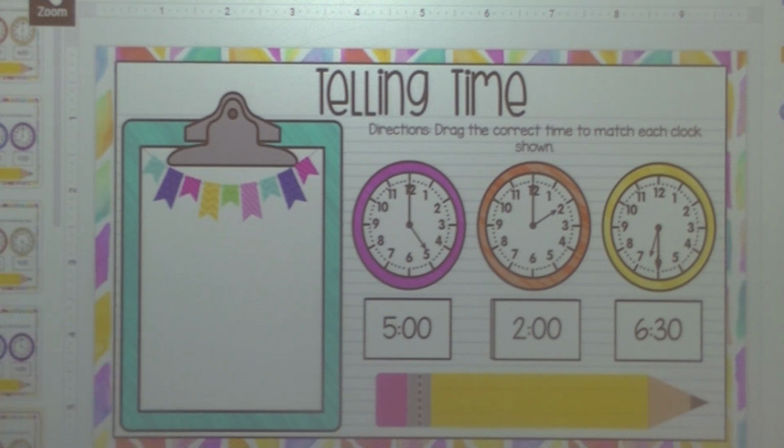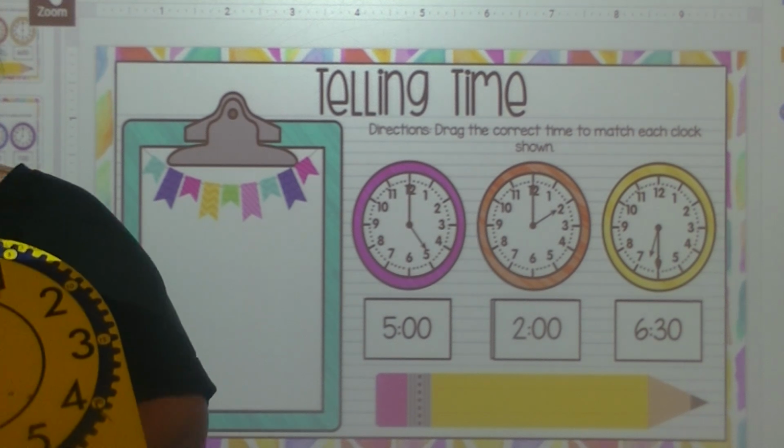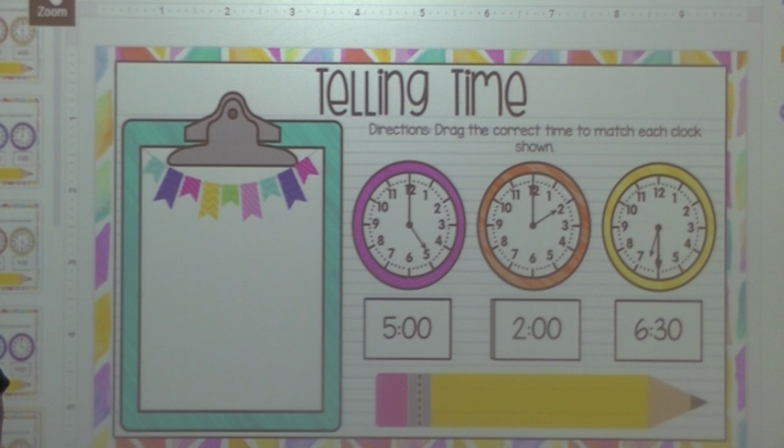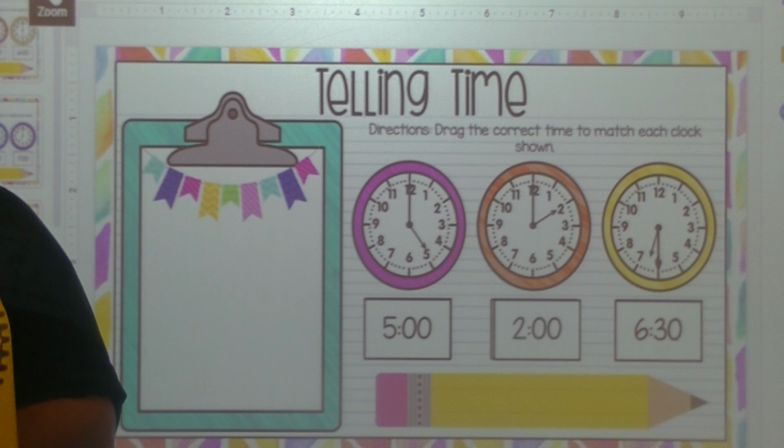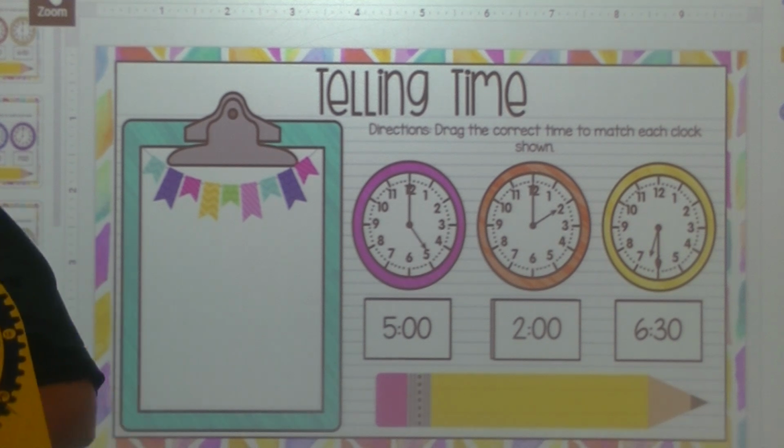All right, now let's try telling time to the half hour. Now let's watch mine. All right, this is 1 o'clock. At 1:30, we take a break. Watch my clock.